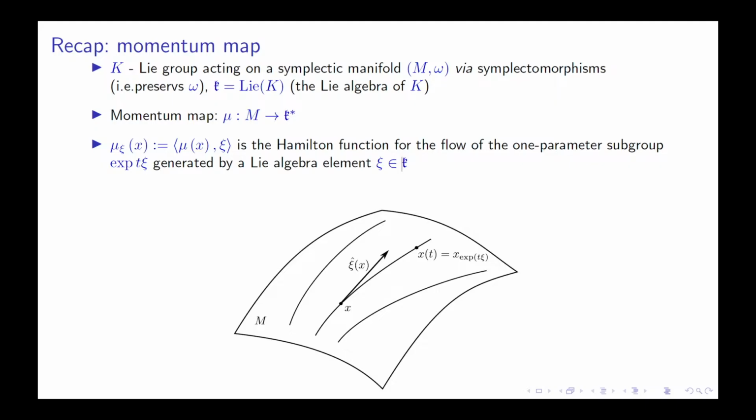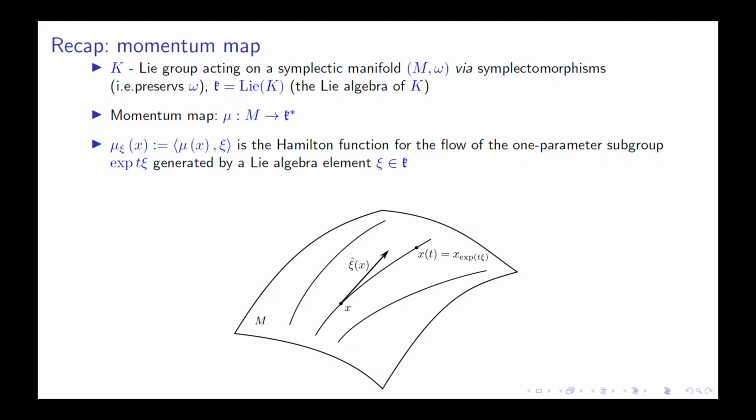So in a few words, once more, what was that? We have some Lie group acting on a phase space. The phase space in this case is a symplectic manifold. You know already what a symplectic manifold is. This is a manifold with a closed two-form.